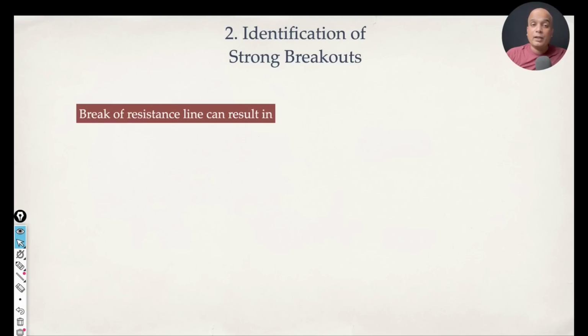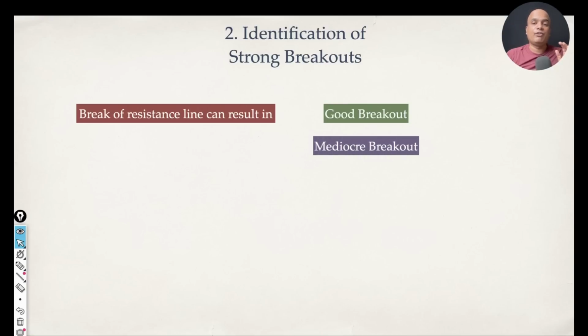The break of a resistance trend line can result in a good breakout, which means a very good move on the upside, or a mediocre breakout, which means it can go only a medium upside move, or a false breakout. It can also give a false breakout and it can go down as well. So you should be able to differentiate a good breakout, a mediocre breakout, and a false breakout, right?